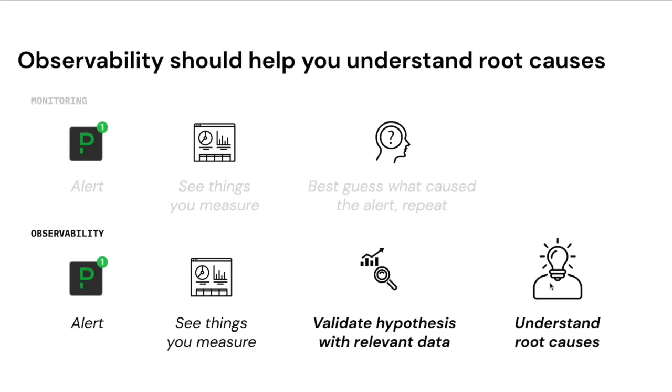And because we get the question all the time, monitoring versus observability, our perspective on the difference here is that with observability, versus maybe searching through logs and just repeating that process over and over again based on your best guess, an observability solution, at least in our view, should really help you validate a hypothesis quickly by surfacing the relevant data to you in the right places.